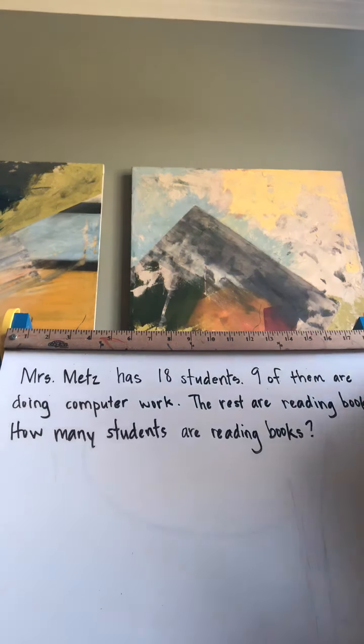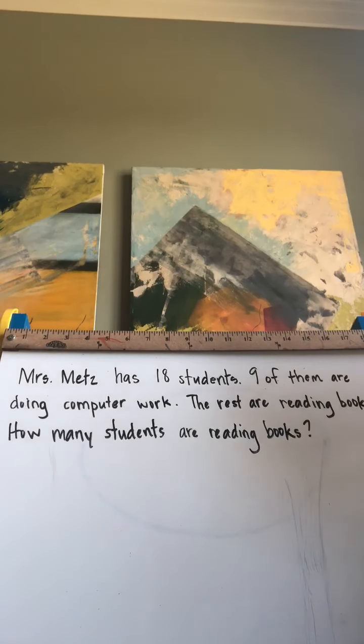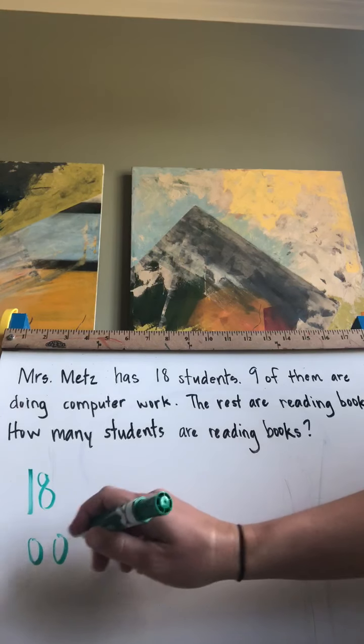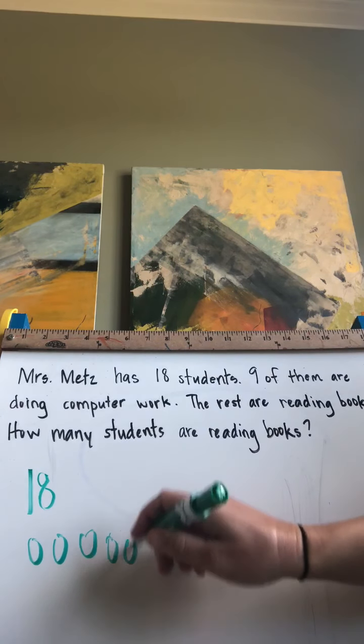Well, I know that we have been working on making a 10 or getting to a 10 to subtract. So I'm going to start out with my number 18. Now, I'm going to actually draw that in a 10 frame.